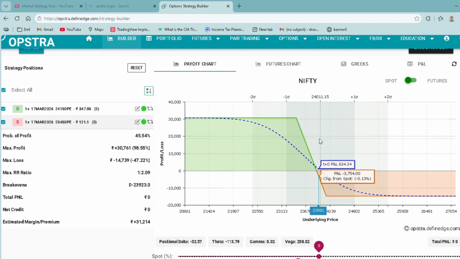See, this is the maximum loss if the market goes up. The level is 23,923. That is the break-even point.